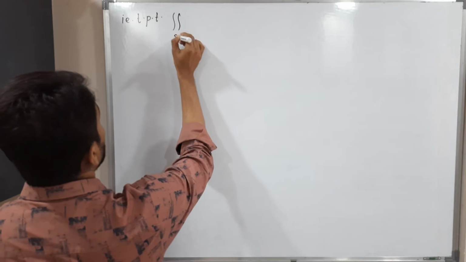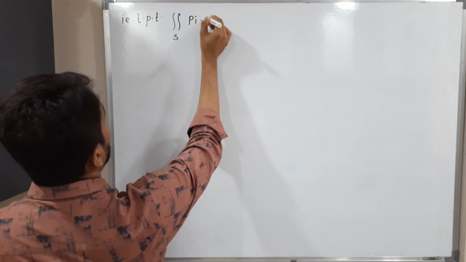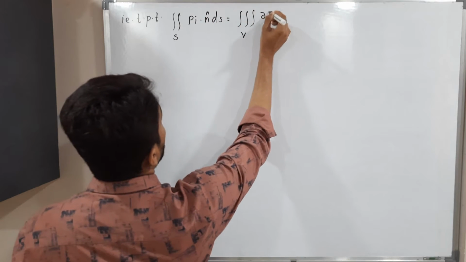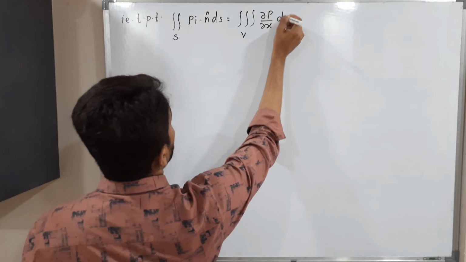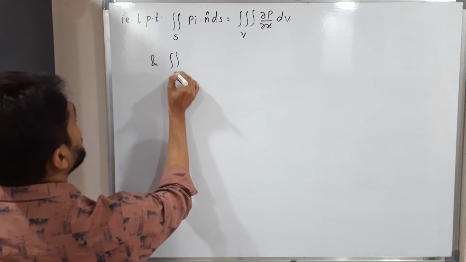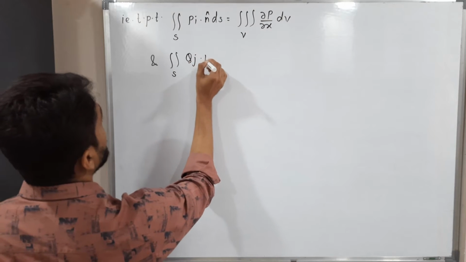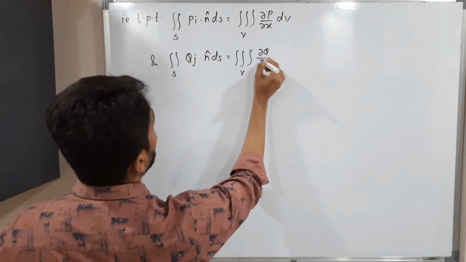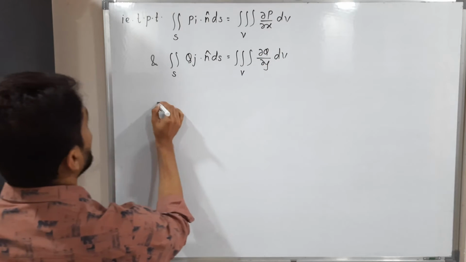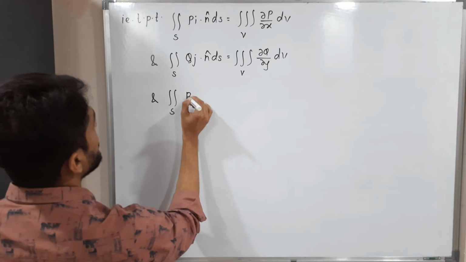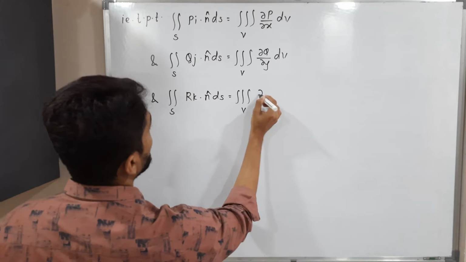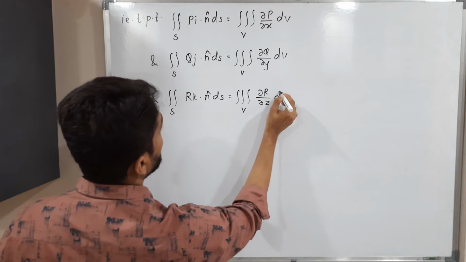So that is to prove that double integration over S of Pi dot n cap dS is equal to triple integration over V of ∂P/∂x dV, and double integration over S of Qj dot n cap dS is equal to triple integration over V of ∂Q/∂y dV, and double integration over S of Rk dot n cap dS is equal to triple integration over V of ∂R/∂z dV.